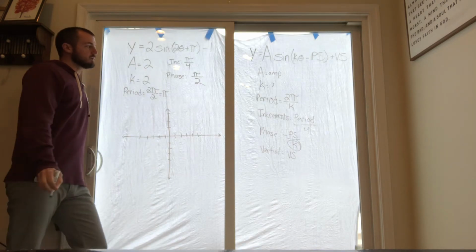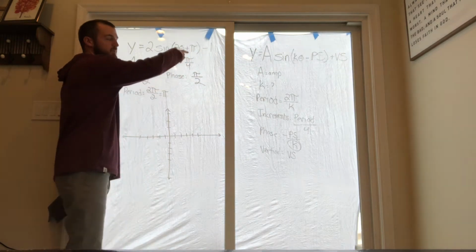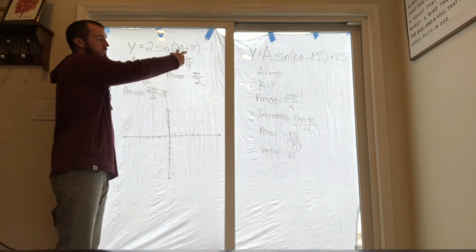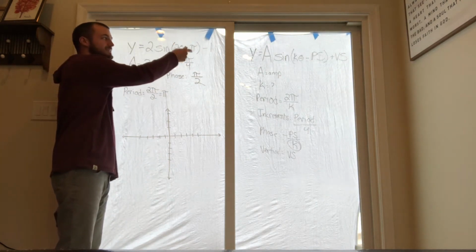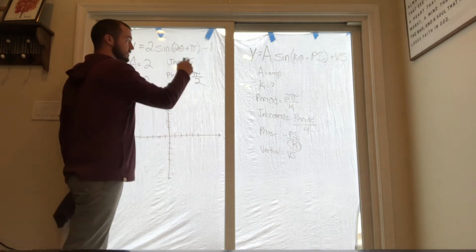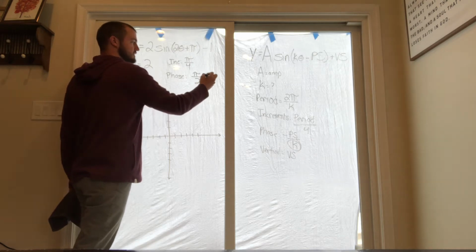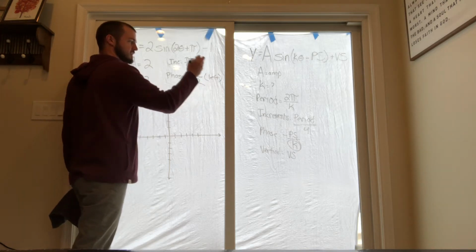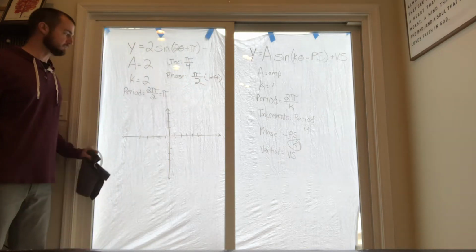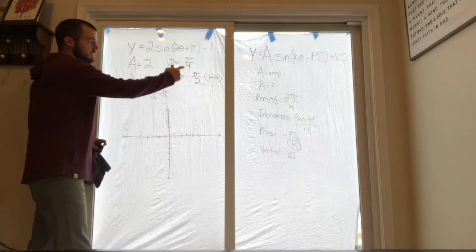So do it right. Now, the other thing that's been a small issue: that's a positive, and it's inside parentheses. So your left and right movement is always opposite of what's in there. So this one has to go left.